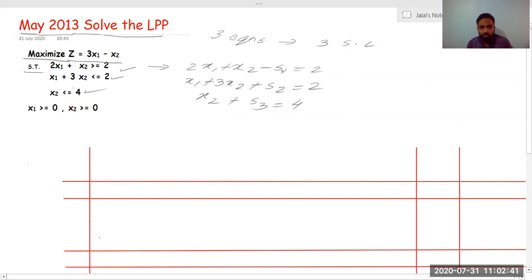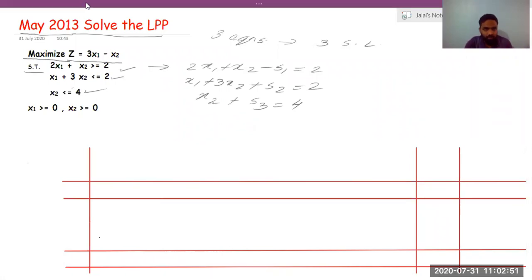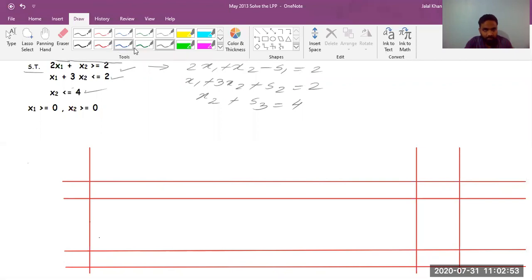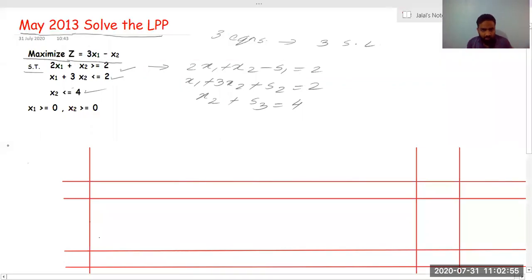Now, since we know that we have to start our solution by forming an identity matrix, if we try to form an identity matrix, what do we see? If we try to write, z will be written as 3x1 minus x2 plus 0s1 plus 0s2 plus 0s3.